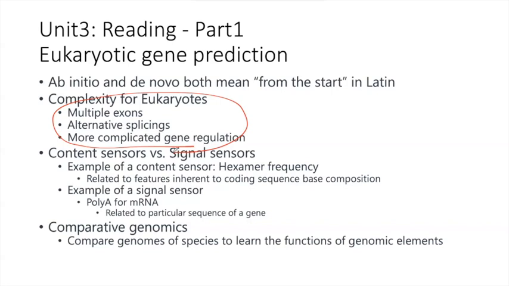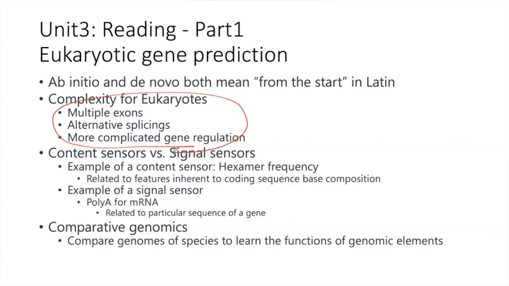It depends on the region. You are talking about the content sensor. It's not totally random. So the software can sense those and utilize that in doing gene prediction.